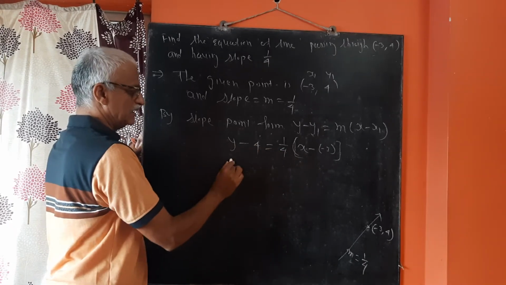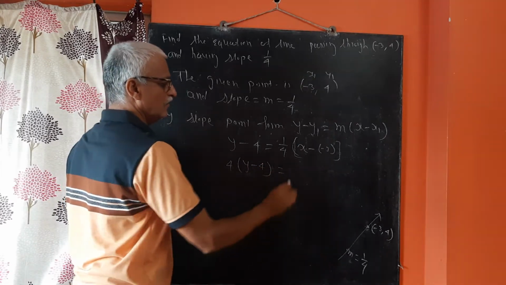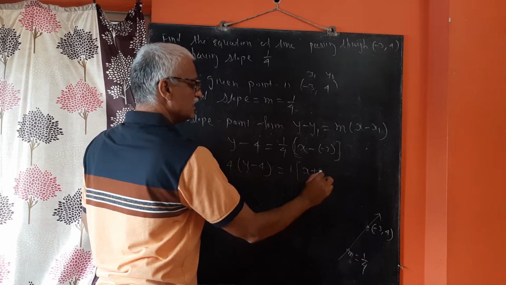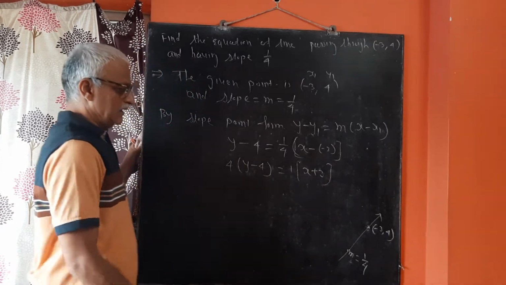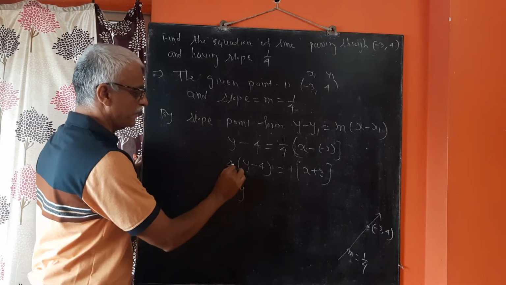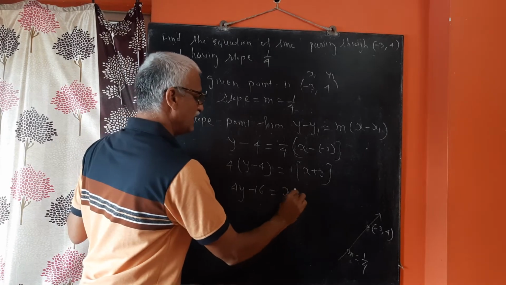This 4 comes here, that is 4 into y minus 4 is equal to 1 into x minus of minus, that is plus 3. Now let us simplify it. 4 into y, that means 4y minus 16 is equal to x plus 3.